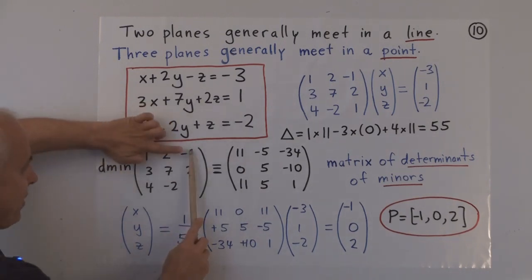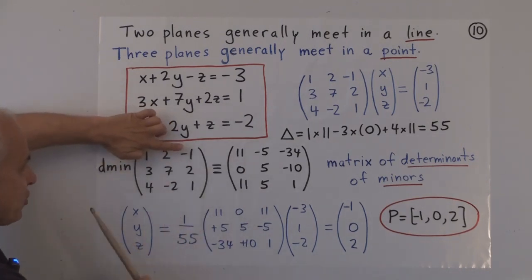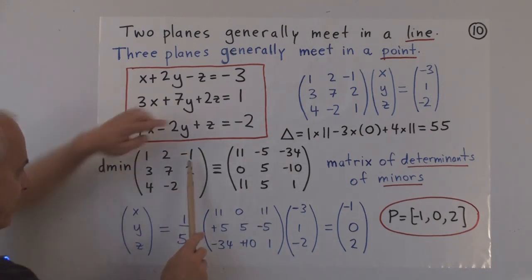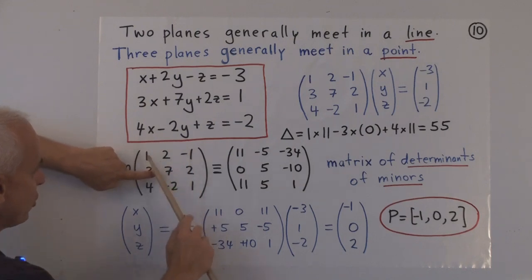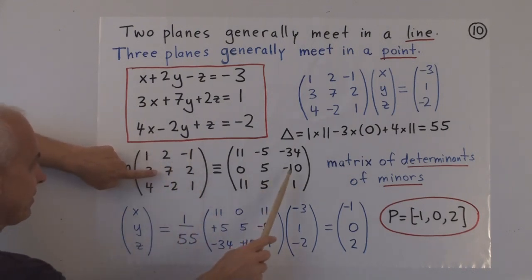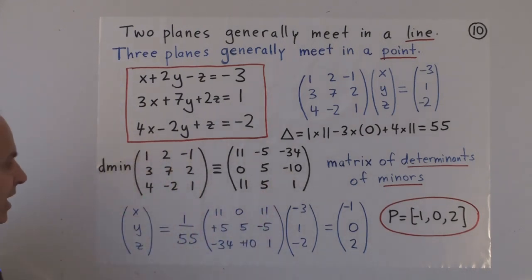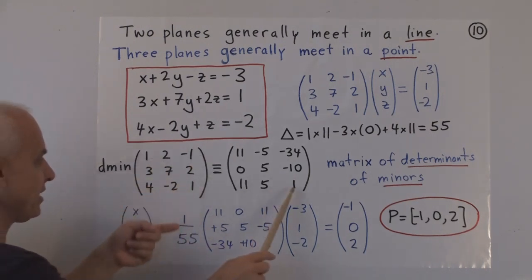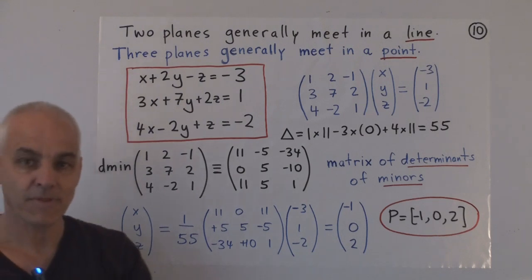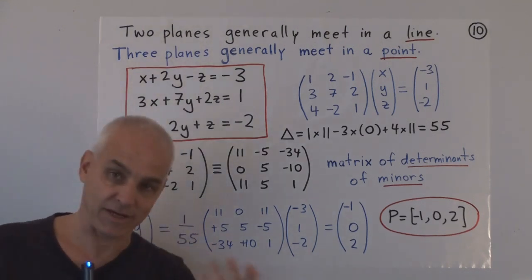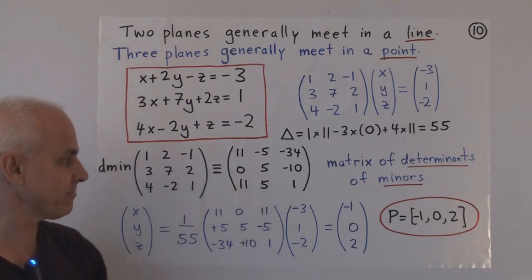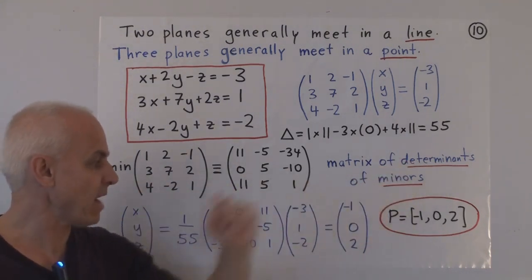Over here, minus 6 minus 28, and that's minus 34. Right here, minus 2 minus 8, that's minus 10. And last but not least, here, 7 minus 6 is 1. That's the majority of work to calculate the inverse. Let's call that the d min of the original matrix, the matrix of determinants of minors.